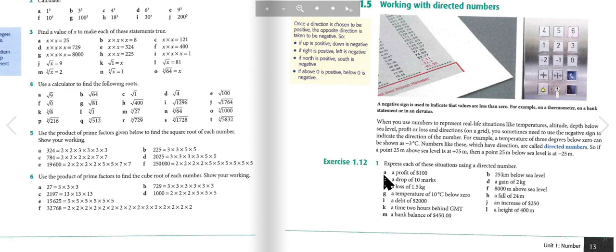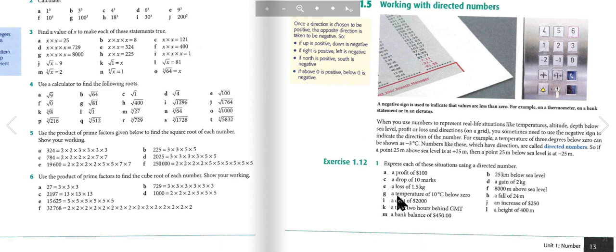So, a profit of $100 is positive 100. 25 kilometers below sea level is negative 25 kilometers. A drop of 10 marks is negative 10 marks. A gain of 2 kilograms equals positive 2 kilograms.